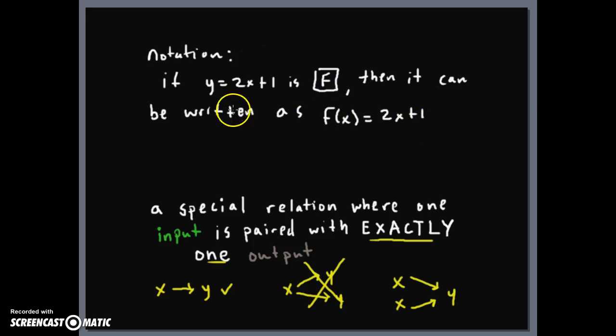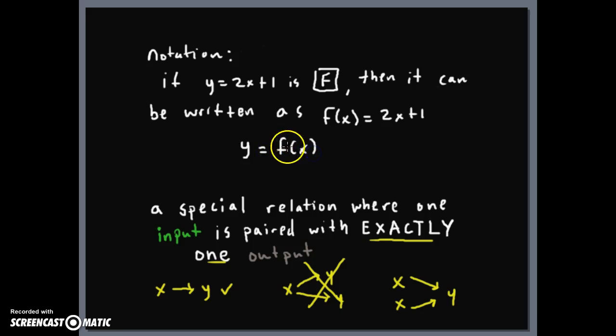So essentially what happens here is if your equation is in fact a function, you can replace y with f of x, so function of x. That's the main difference between this equation right here and this equation right here: we've determined that y equals 2x plus 1 is a function, so we've taken out y and we've replaced it with f of x. So we can actually say that y equals f of x.